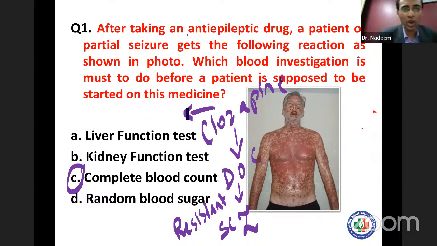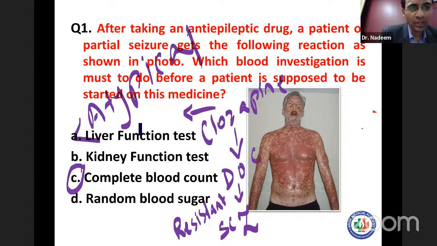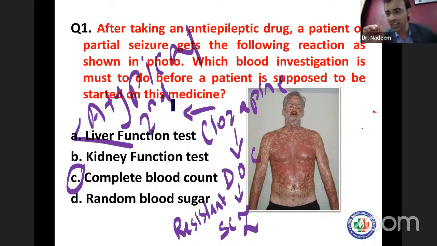So it is an atypical antipsychotic drug. Atypical means second generation antipsychotic drugs. Haloperidol is the first generation antipsychotic drug, which we were using for schizophrenia. I hope you remember all these points. These are the questions which can be framed out of this topic.